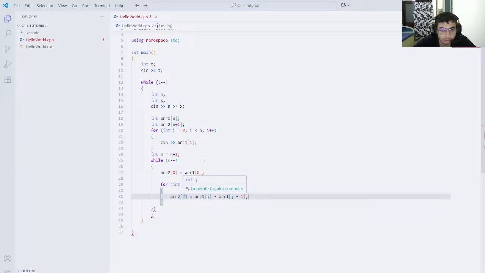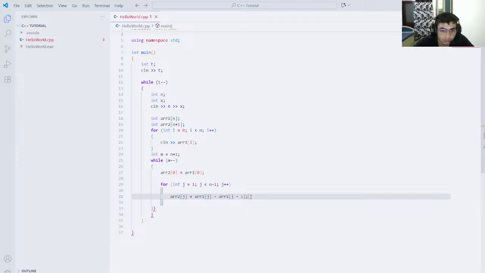Okay, so let's just go through it once. ARR2[0], which is the difference. Did I just change it? No, it's fine. The first difference is equal to the first gas point. Second difference, that's going to be j is equal to 1, index 1 minus index 0.